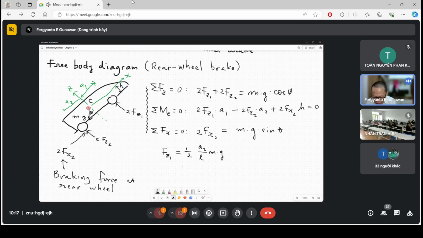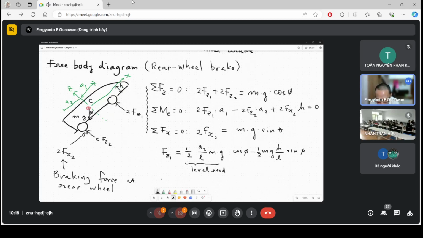This is for a level road. And for the non-level road, we multiply by cosine phi and minus half of m g h divided by L, sine phi, right?